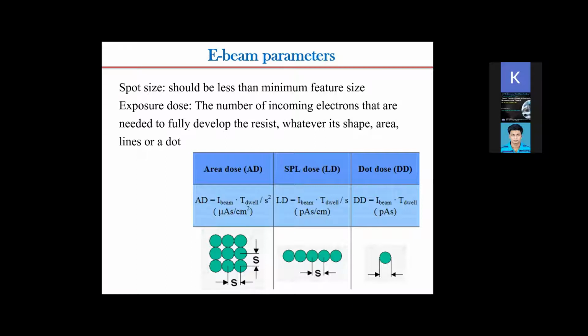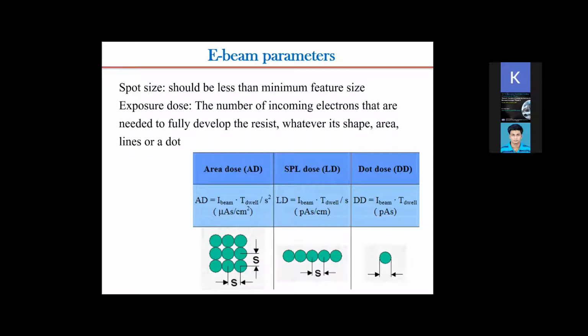Now, this can be done depending upon the shape of your scanning. That means whether it will be an area dose or line dose or dot dose, that you have to select. Let's say your structure is not very small, then you can go for area dose. That means there the pixel will be selected by an area.